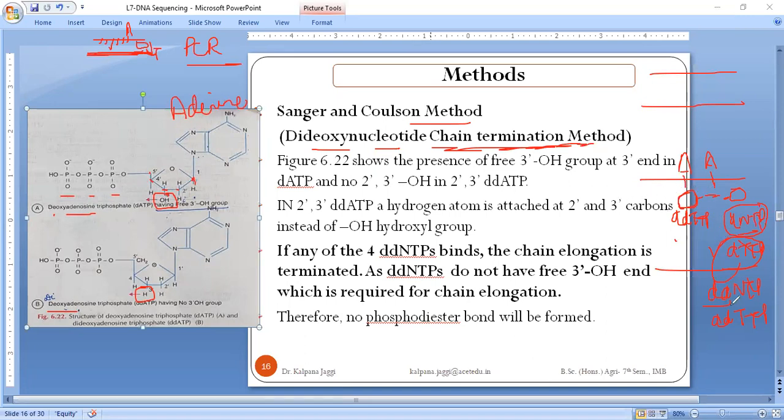But wherever there is the attachment of ddNTP, there will be no more progress in the elongation of the another strand of the DNA, and that will be the very particular specific point where there will be the stoppage of elongation of the another strand of DNA. So I just hope this concept is clear to all.